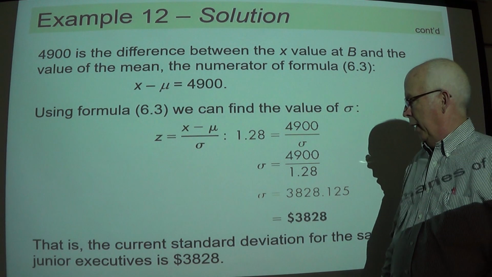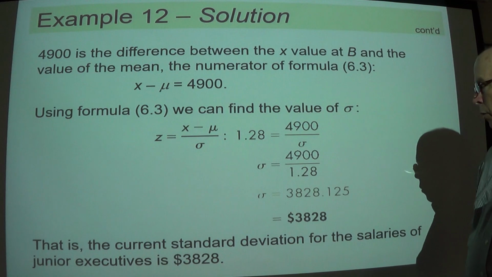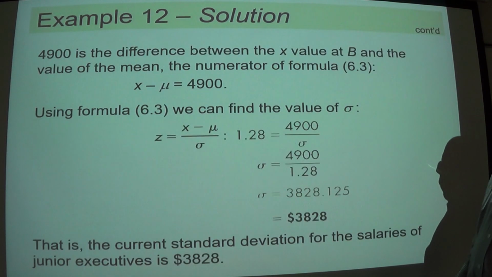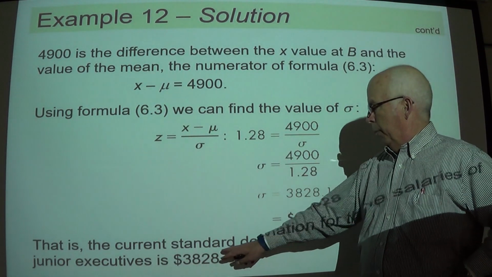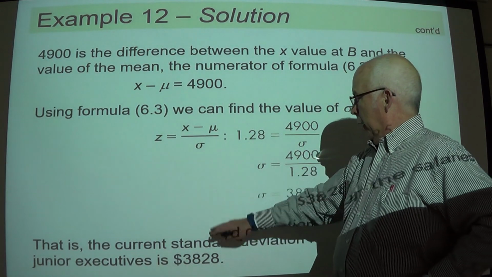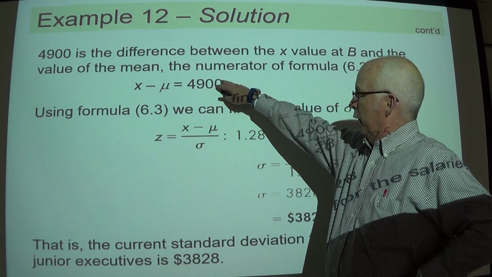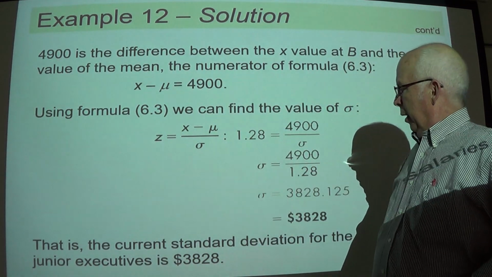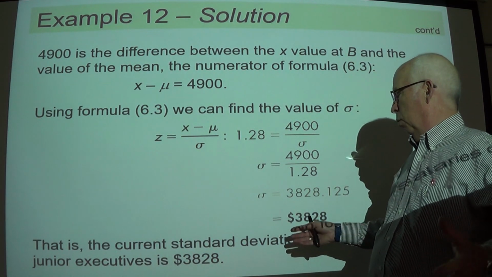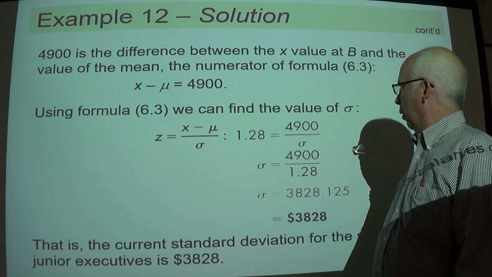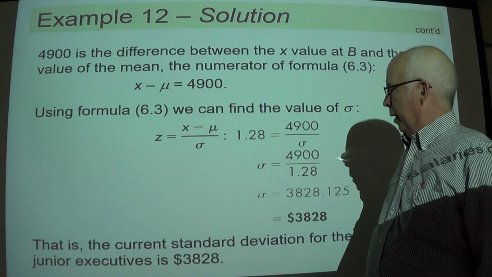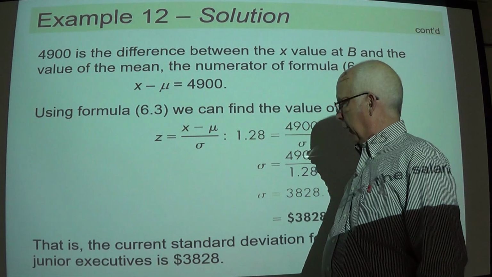It's $3,828. So what's that tell us? Well, actually it didn't tell us anything. But basically it means that if I divide this into this, $4,900 is probably about 1.3 standard deviations either side of the mean.